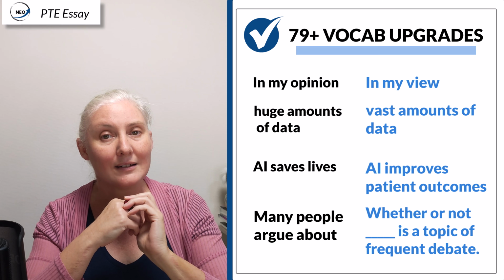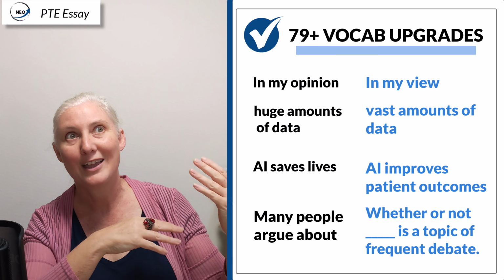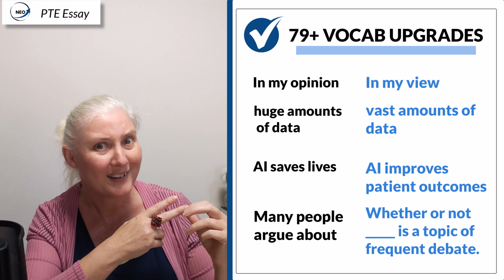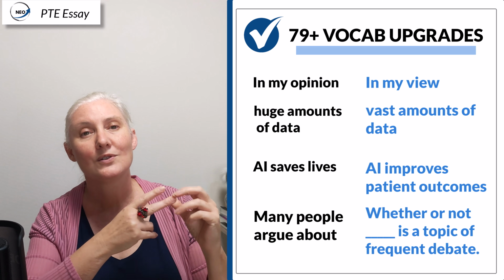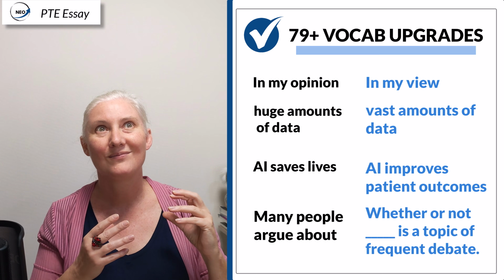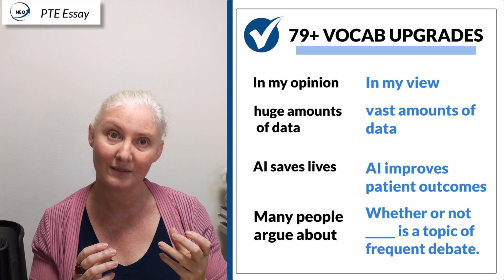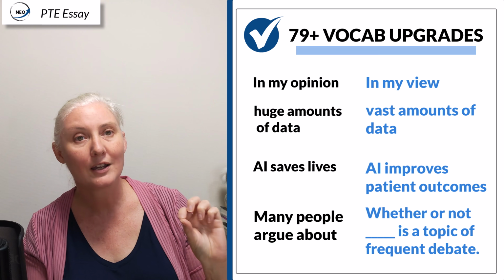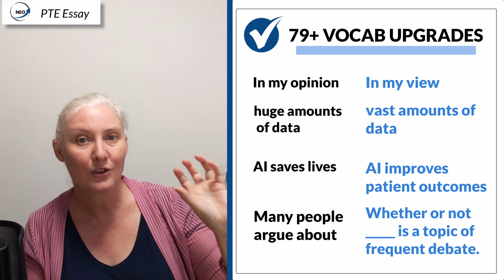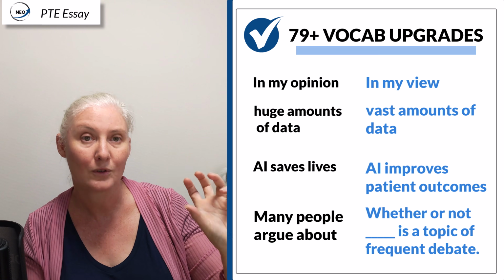Now, the reason this will get you a better vocabulary and grammar score is because you are focusing on the nouns in the sentence. Yeah? When you say many people argue about, you're using argue, the verb, as a focus.